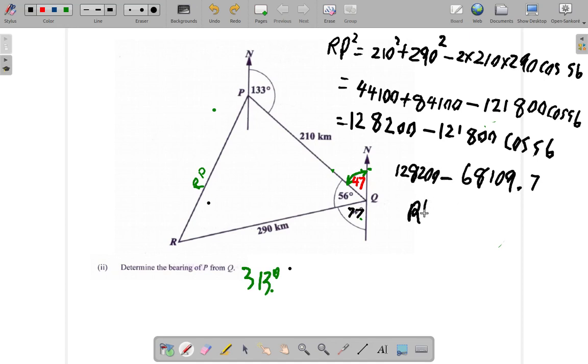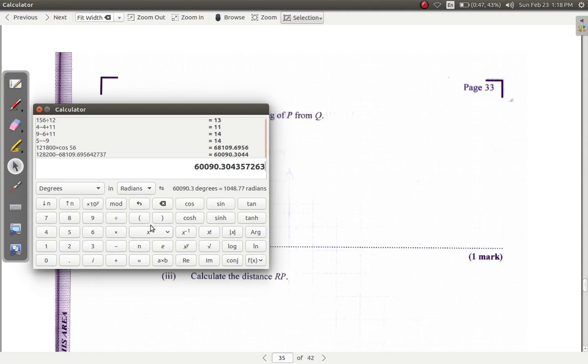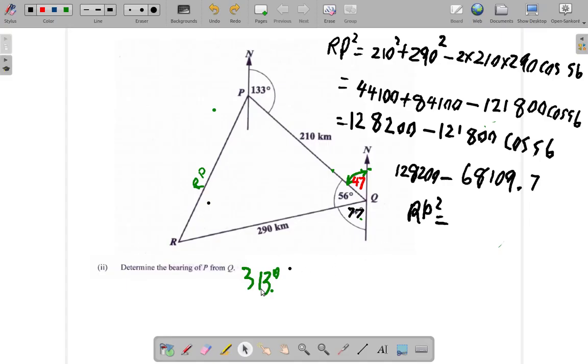So RP squared is equal to 128,200 minus that. So 128,200 minus that equals 690. So what I have here is 690.